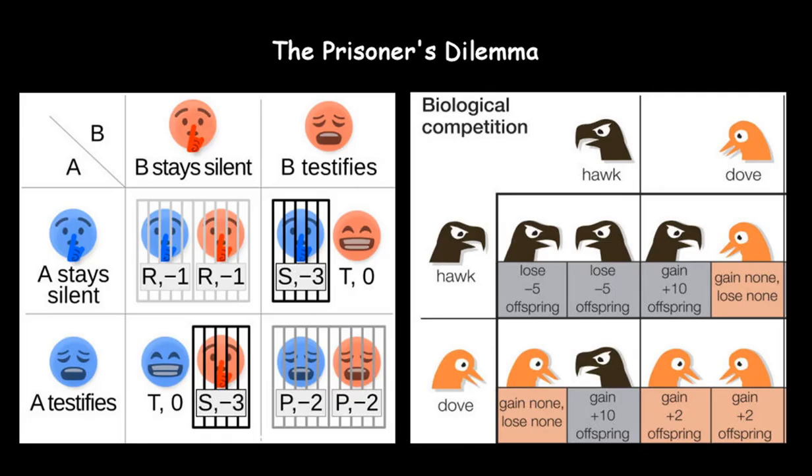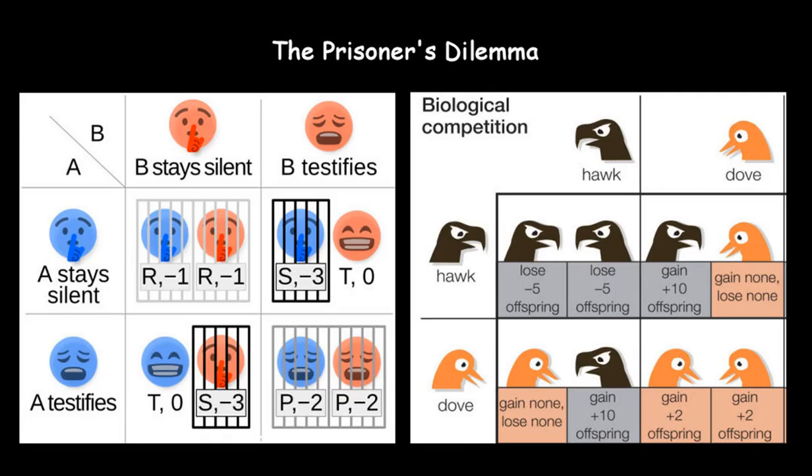In the first one here, you have the prisoner situation where prisoner B rats on prisoner A. Prisoner B gets 0 more years on his sentence, but prisoner A, by staying silent and being turned in, gets three years more.